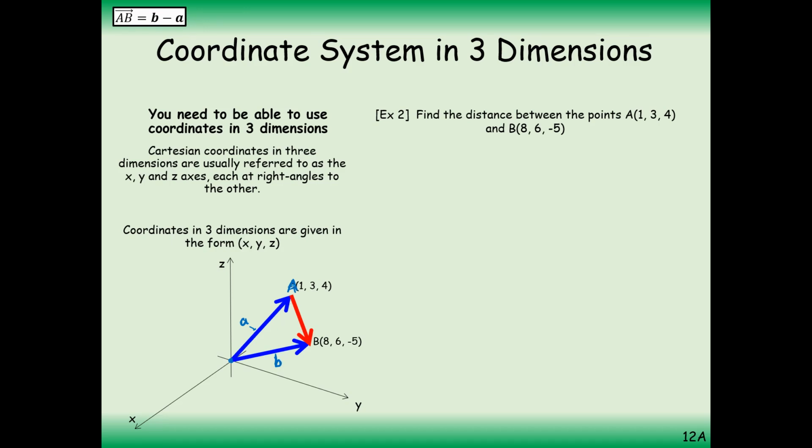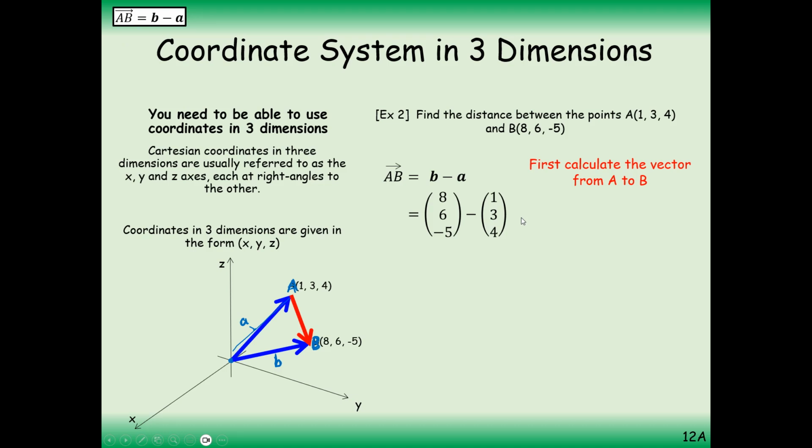If we want to travel from point A to point B, we have to travel backwards on the vector A and forwards on vector B. Therefore, we have to subtract the position vector A from position vector B. Therefore, we write position vector B to be, first, 8, 6, and minus 5 in a column vector, and we're subtracting those values from each other.